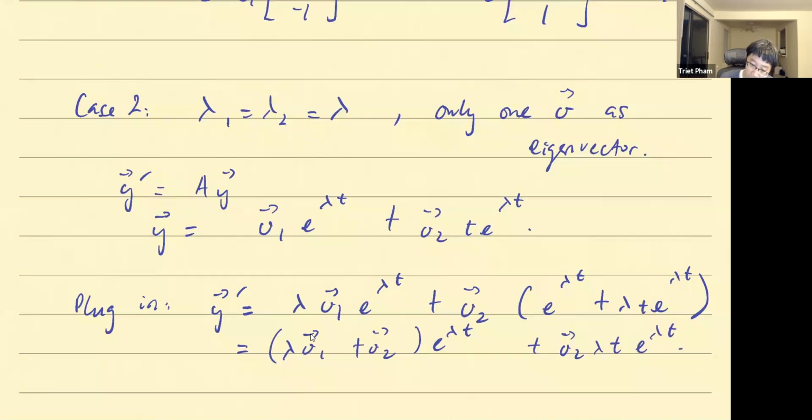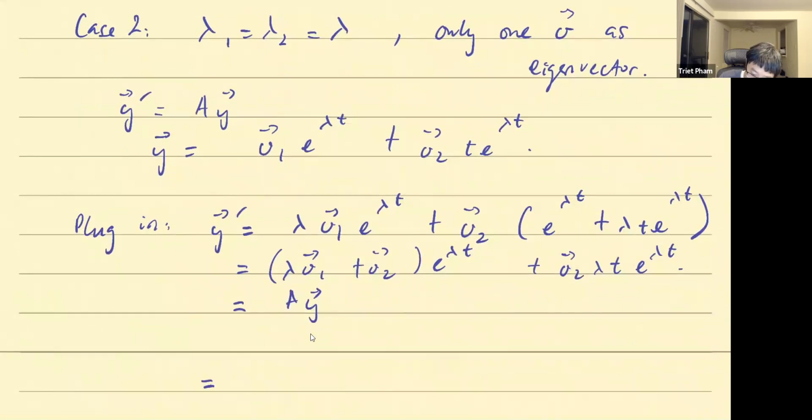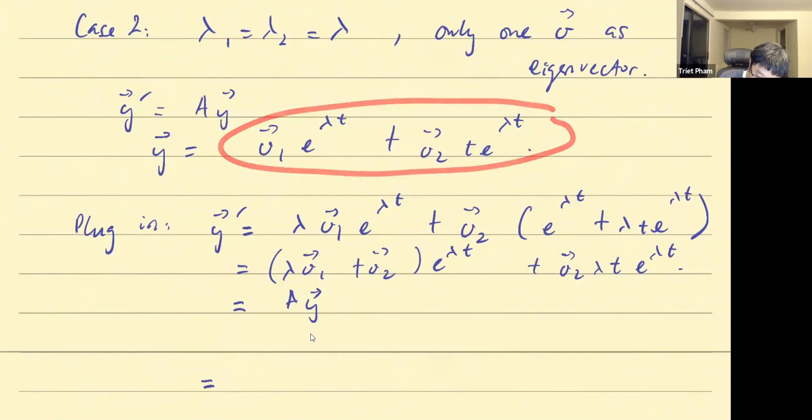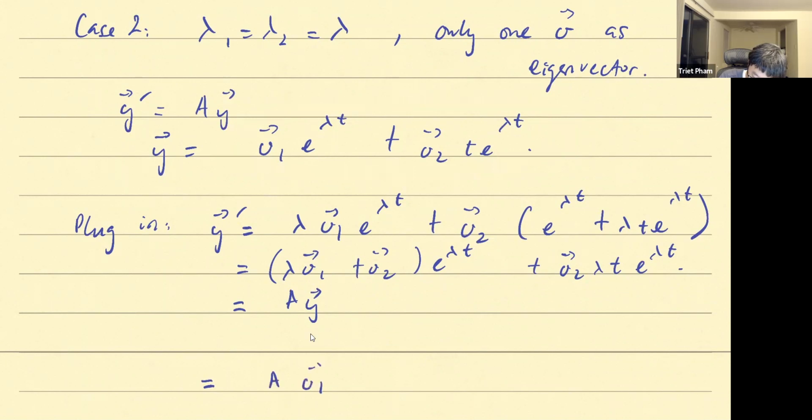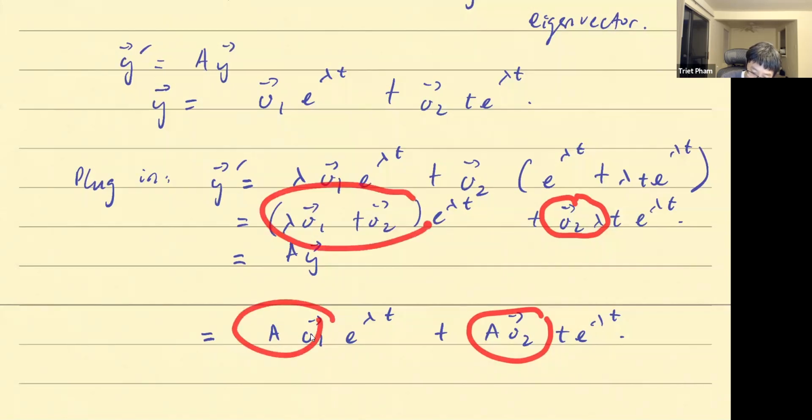On the other hand, it's supposed to be equal to A times y, which is A v1 e to lambda t plus A v2 t e to lambda t. And so here we see what happens. Then A v2 must be matched with lambda v2, and A v1 must be matched with lambda v1 plus v2.